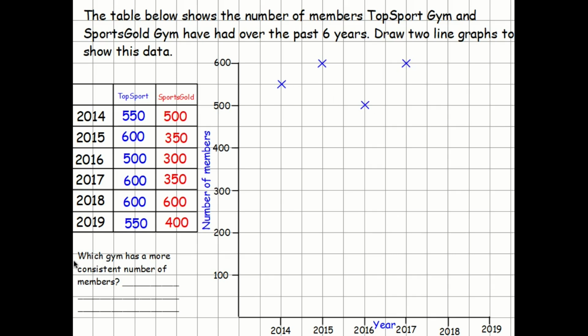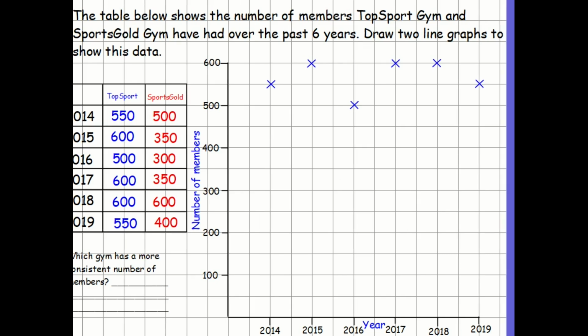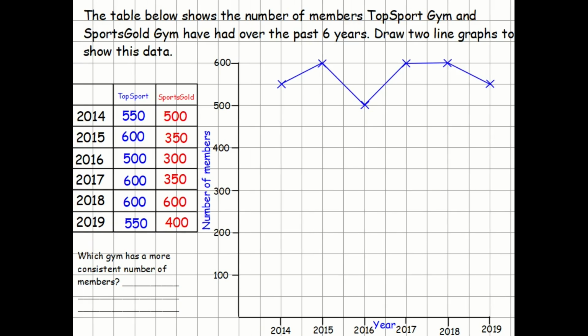In 2018, also 600. And in 2019, they dropped a little bit back down to 550. And now I'm going to join up those points with a nice straight line between each one. And there you go. That's the line for Top Sport.